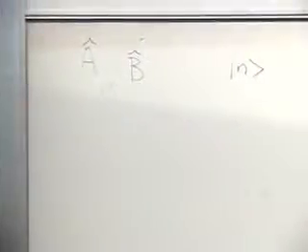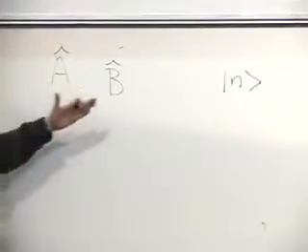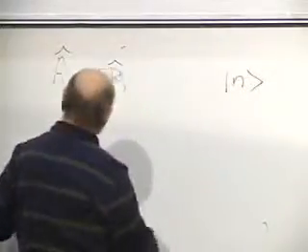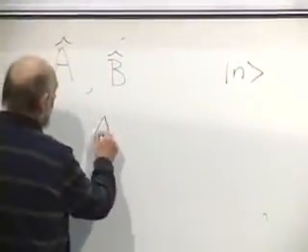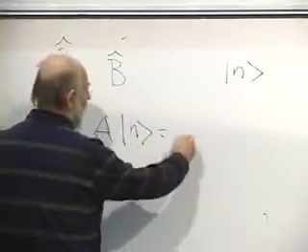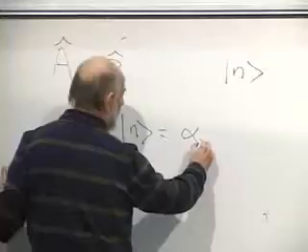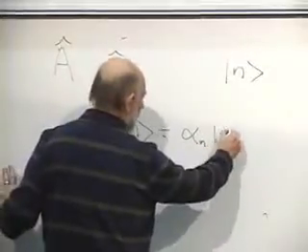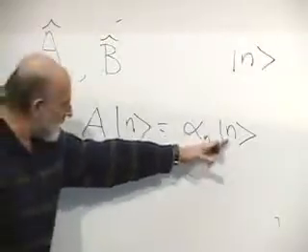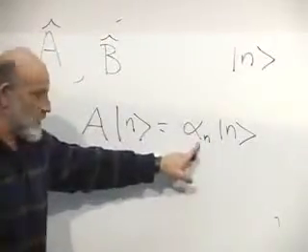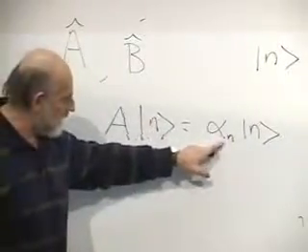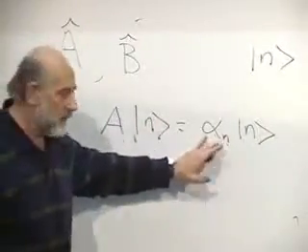Well, let's see what that means. That means we have a complete basis of vectors labeled from 1 to capital N, such that for every one of them, A on n is some eigenvalue, let's call it alpha sub n times n. This just says that these vectors are all eigenvectors of A with eigenvalue alpha n. The first vector has eigenvalue alpha 1. The second one has eigenvalue alpha 2.